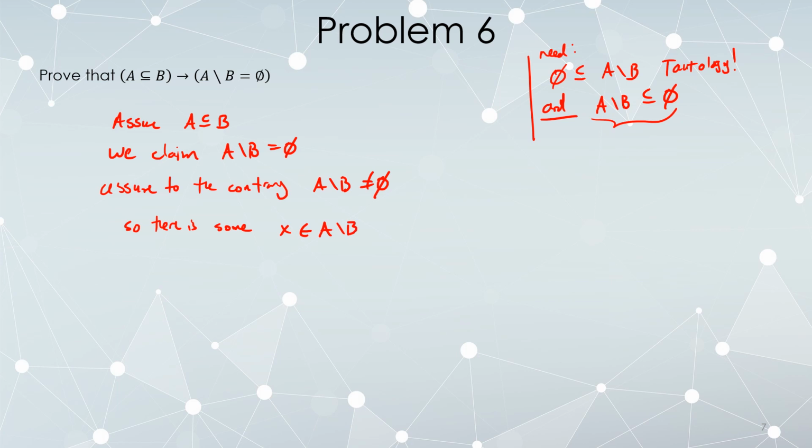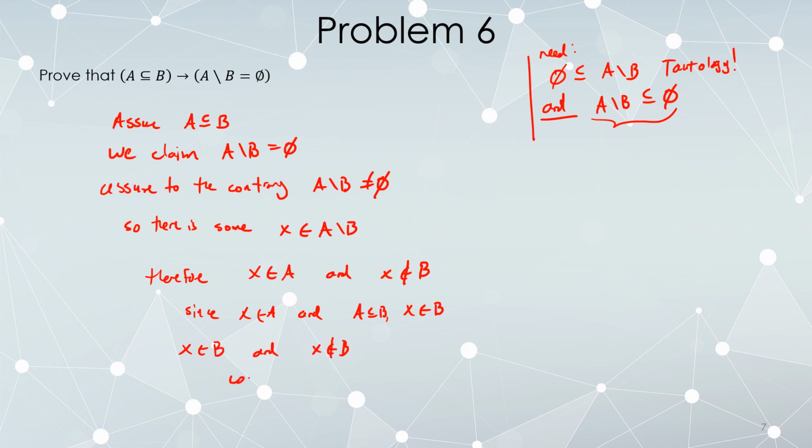Well, if x belongs to A minus B, the definition is that X belongs to A and X doesn't belong to B. But look at our original assumption, A is a subset of B. X belongs to A. Since X belongs to A and A is a subset of B, we conclude that X must belong to B. In other words, X belongs to B and X doesn't belong to B. That's a contradiction.